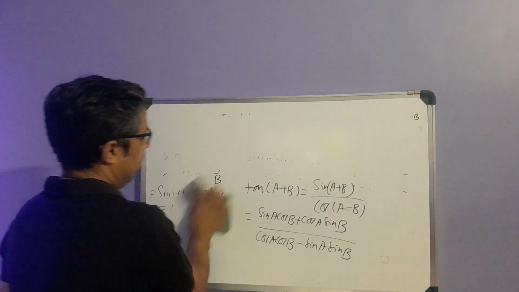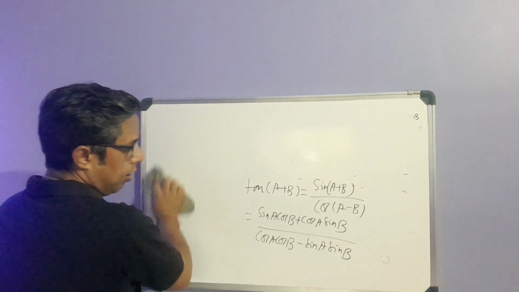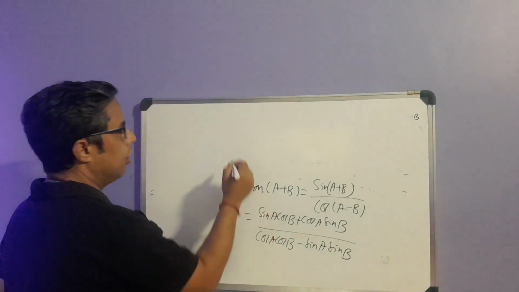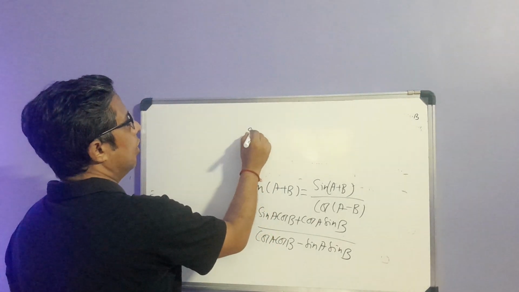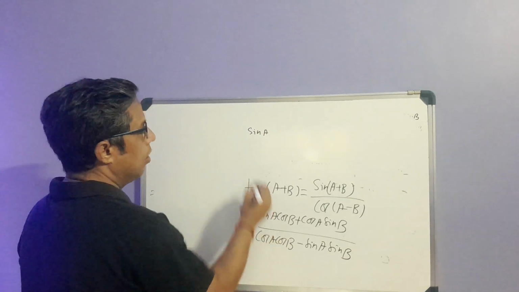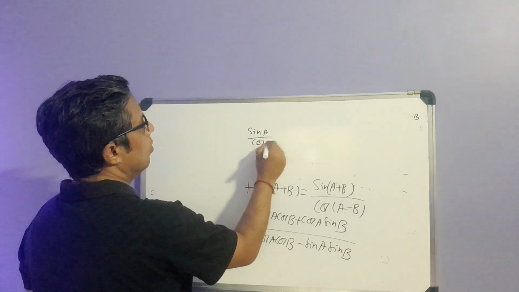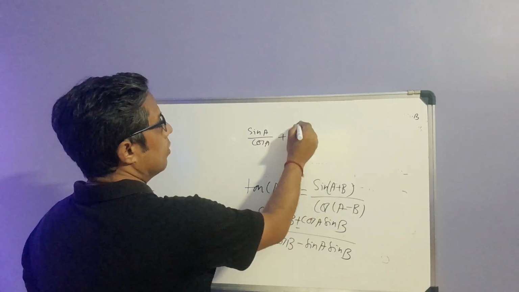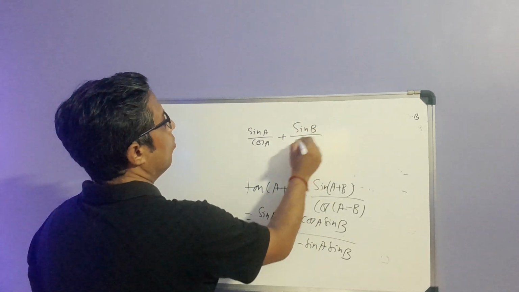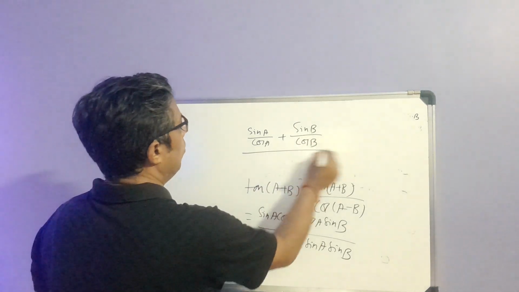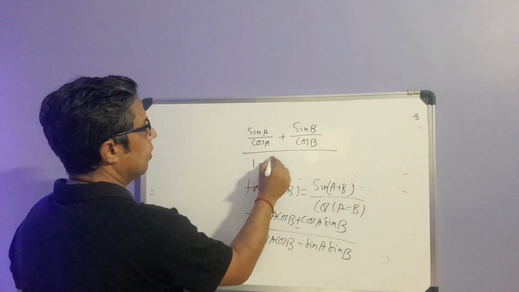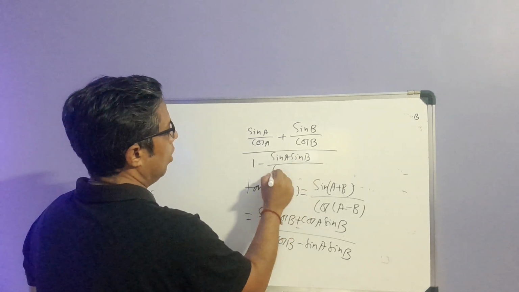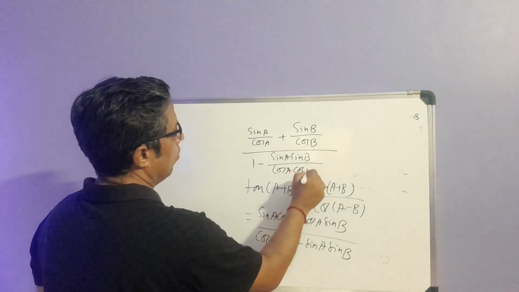Okay, so from here, if I divide both numerator and denominator by cos a and cos b, it will come like sin a by cos a, plus sin b by cos b, divided by 1 minus sin a sin b divided by cos a cos b.